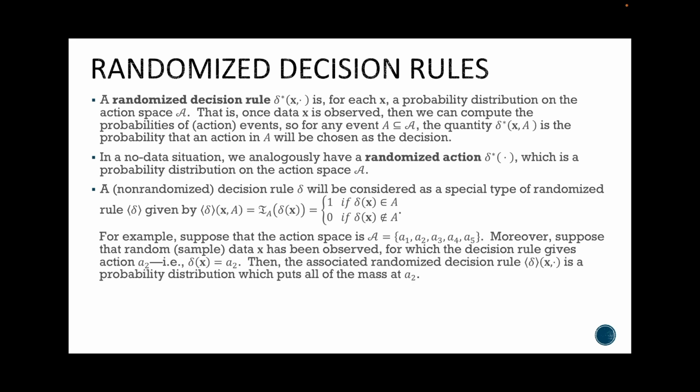So then the associated randomized rule would be the probability distribution which concentrates all of the mass at A2. In other words, the probability assigned to the singleton set, which contains A2, would be 1. And then the probability assigned to, say, the singleton set, which contains A1, that would be 0.